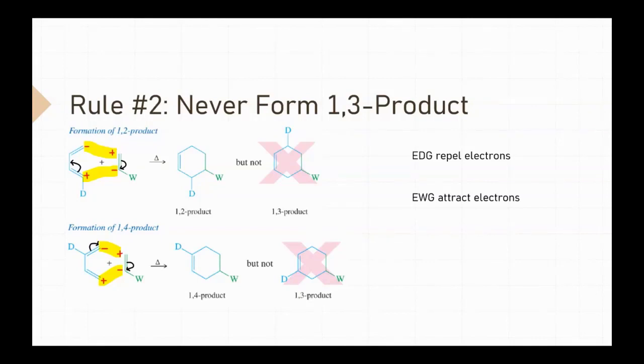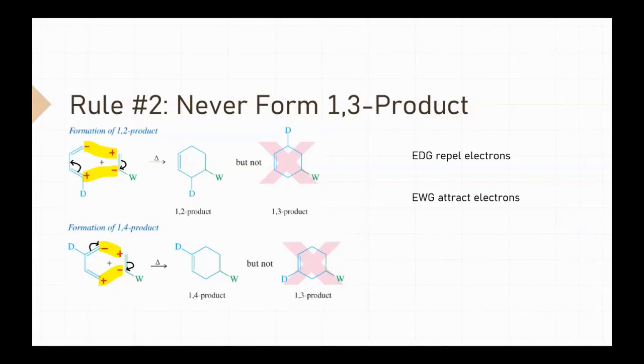But when it repels electrons, the carbon next to it will be positive, and electron withdrawing groups will attract electrons. So the carbon right next to it will be slightly negative. And then you have to orient it to where they are opposites. So kind of like a magnet, they will form a bond together, and then you will have your product there.